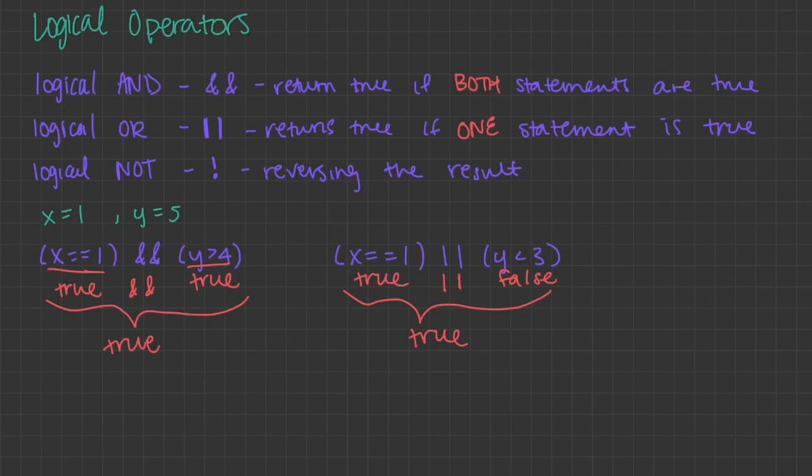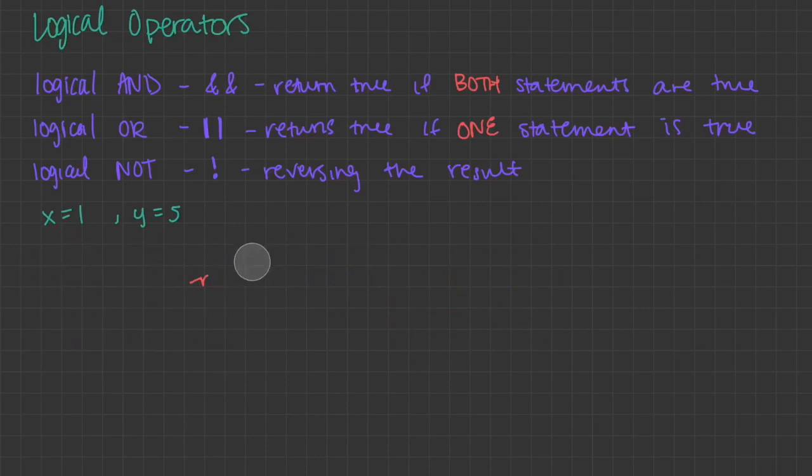Now, let's make some space. And this one's going to be a little bit trickier. Let's do not x is greater than 2 and y is equal to 5. So we always want to evaluate what's inside the parentheses first. So let's do x is greater than 2.